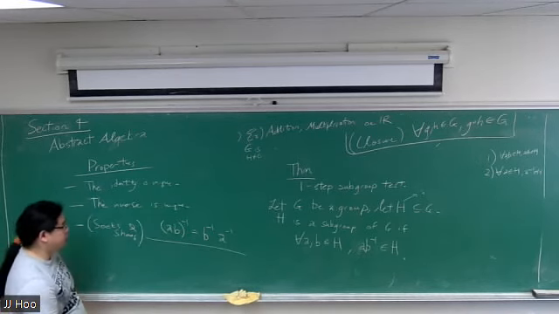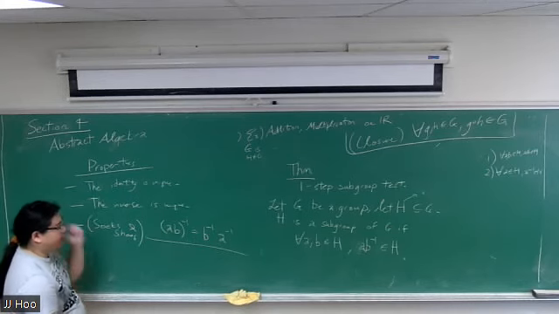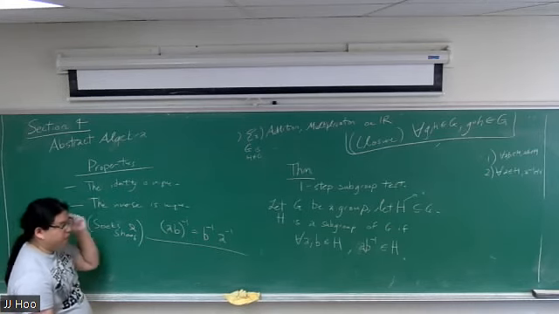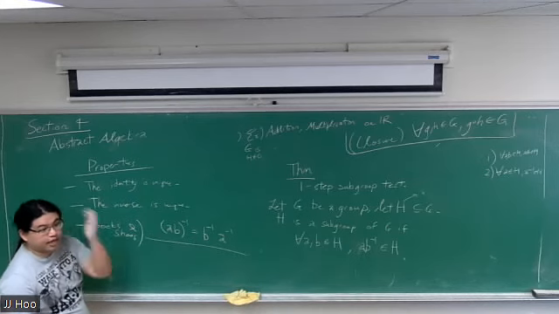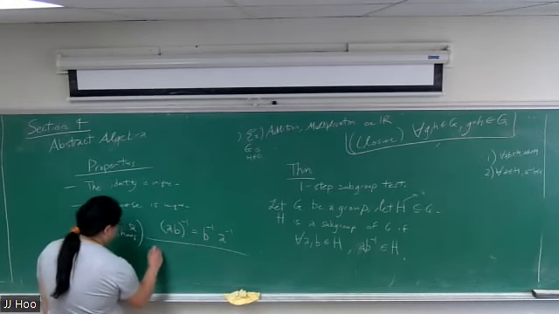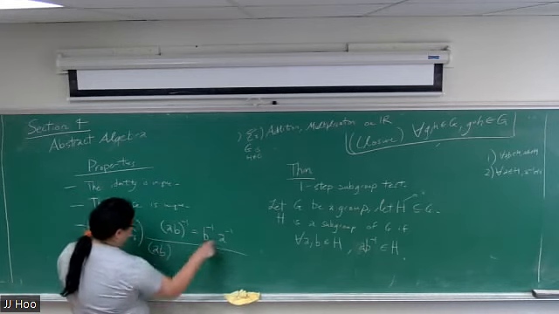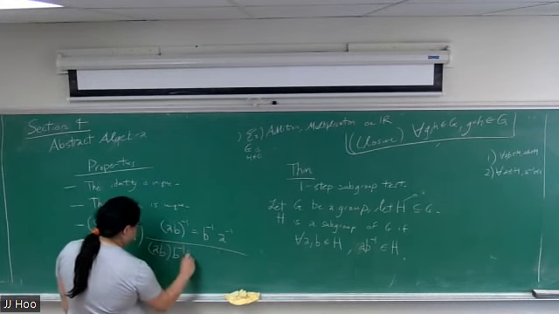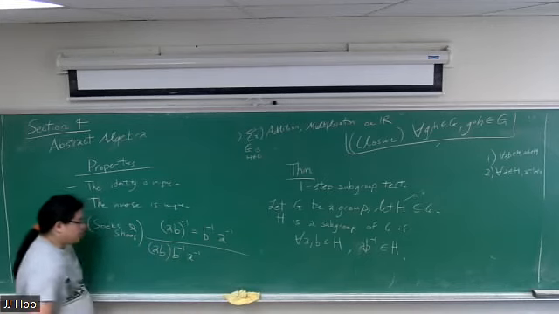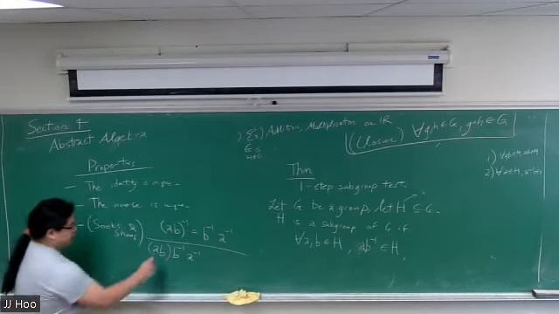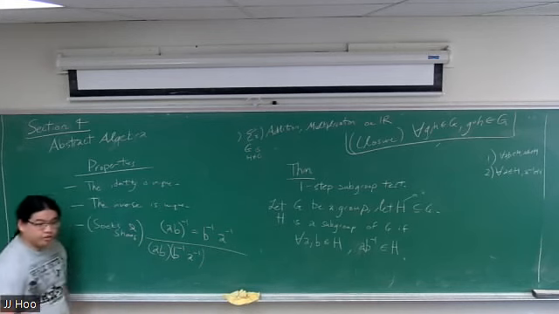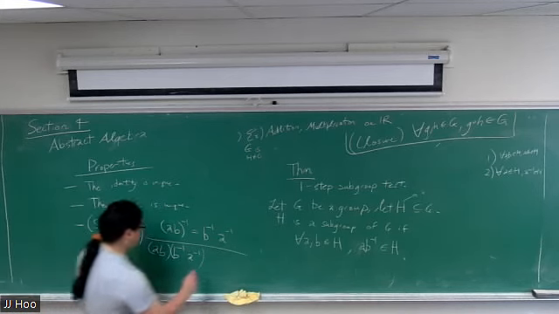An inverse means that when I multiply an element by its inverse, I get back the identity. So let's see what happens when I take the element AB and multiply it by B inverse A inverse. Right, because this is an element. I have associativity, so associativity lets me regroup this.